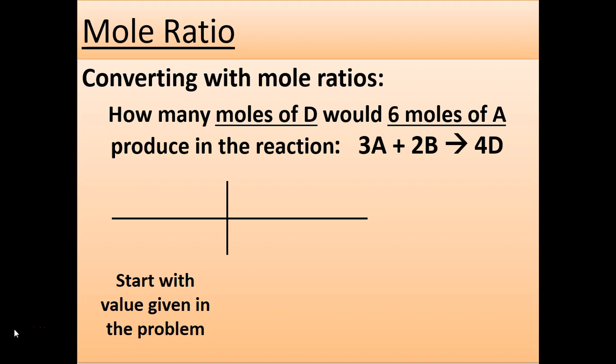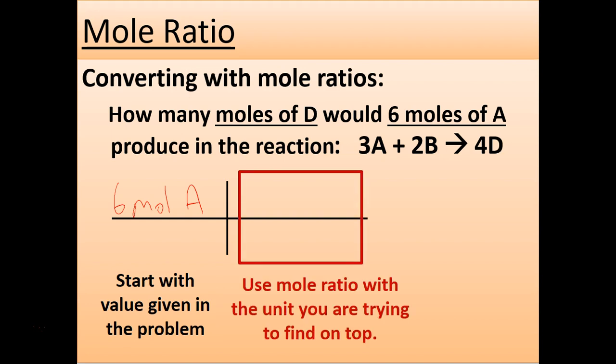What we're going to do is start with the given in our problem. Our given in this one happens to be 6 moles of A. We're going to write that down in the first part of our train track. Now the next thing we need to do is use the mole ratio with the unit you were trying to find on the top. What that means is we're trying to get to our desired unit.